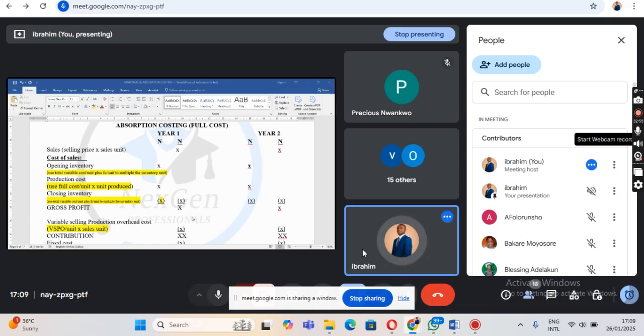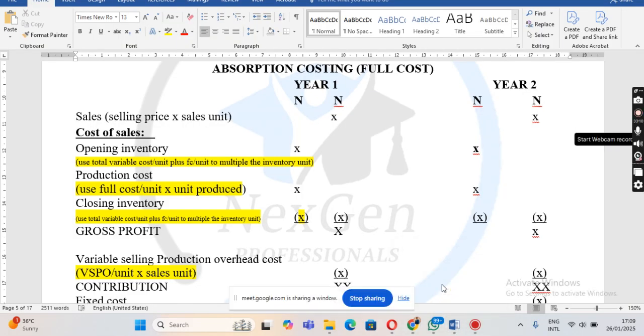Now, you charge your full cost to only your production, and you use the full cost per unit to value your inventory. Class, are we still together? Now, if that is established, I'm coming back to variable selling.